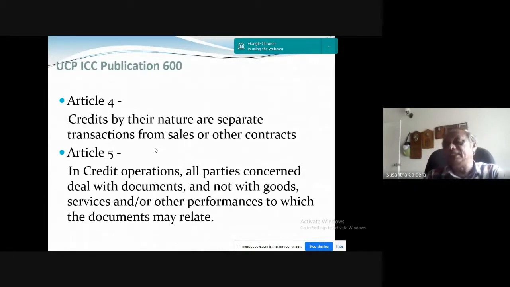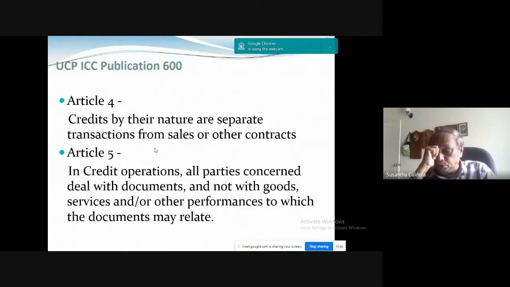In UCP 600, Article 4 says, credits by their nature are separate transactions from sales or other contracts. Right? Then Article 5 says, in credit operations, all parties concerned deal with documents, not with the goods.